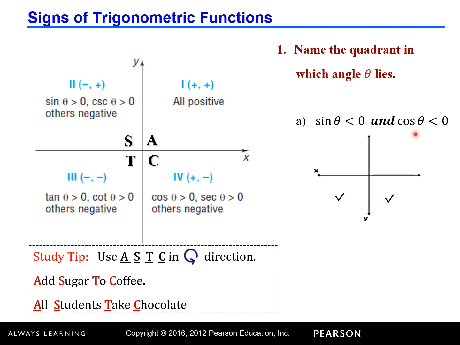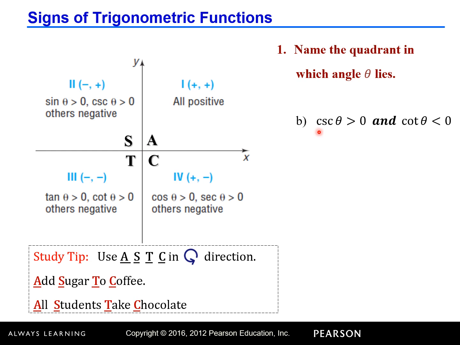The next function is cosine theta, which must be negative. We know that it's positive in the first quadrant and in the fourth quadrant, so it's negative in the second and in the third. So we take the second quadrant and the third quadrant. Since we have two functions given, we have to select the two ticks. So this angle is in quadrant 3. So theta is in quadrant 3.